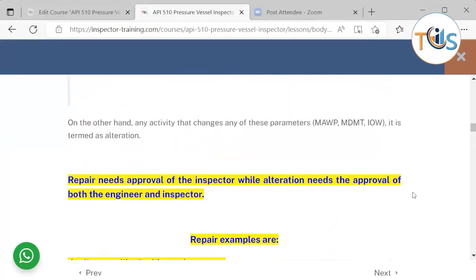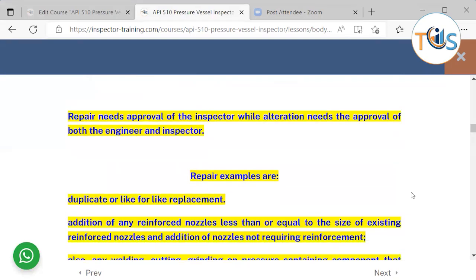Whereas alteration means that you change any integrity operating window, such as MAWP, MDMT, etc., or the fluid. So repair needs approval of the inspector only, while alteration, because there is a design change, needs the approval of both the inspector and the engineer.